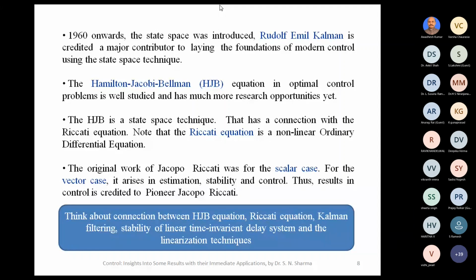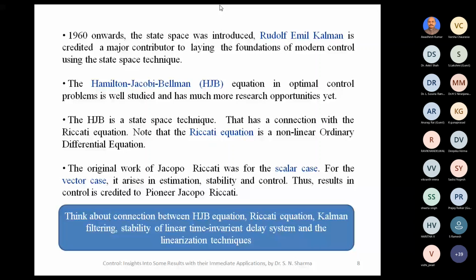But the Riccati equation has so much power that it has not only relations with the Hamilton-Jacobi-Bellman equation. It comes in various ways in the control literature. It comes in Kalman filtering also. From the Hamilton-Jacobi-Bellman equation you can prove the Riccati equation, and from Kalman filtering you automatically arrive at the Riccati equation.